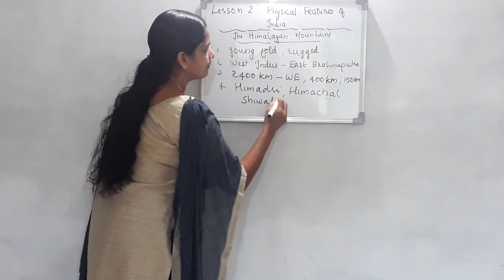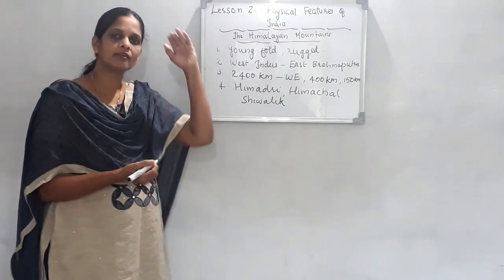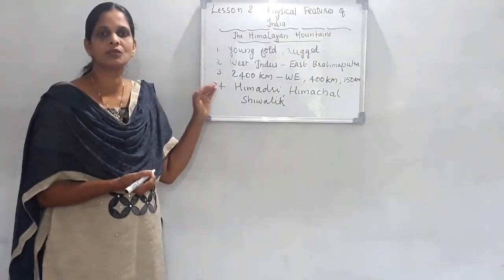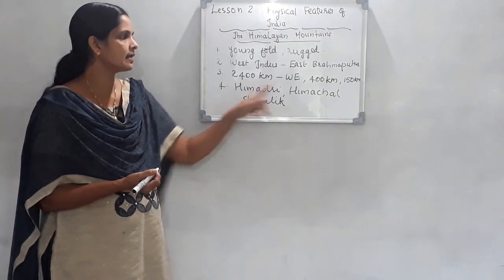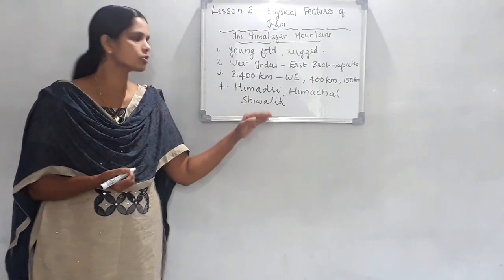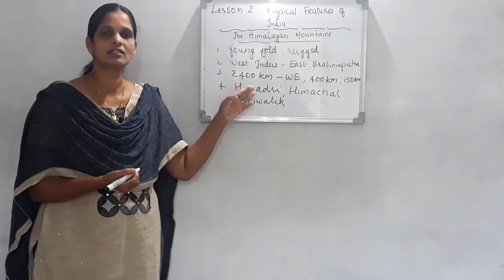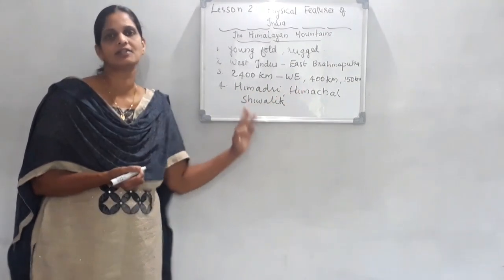These are the three parallel ranges lying from north to south, longitudinal ranges. Then we will discuss the features of each physiographical division, that means the features of Himadri, Himachal, and Shivalik.